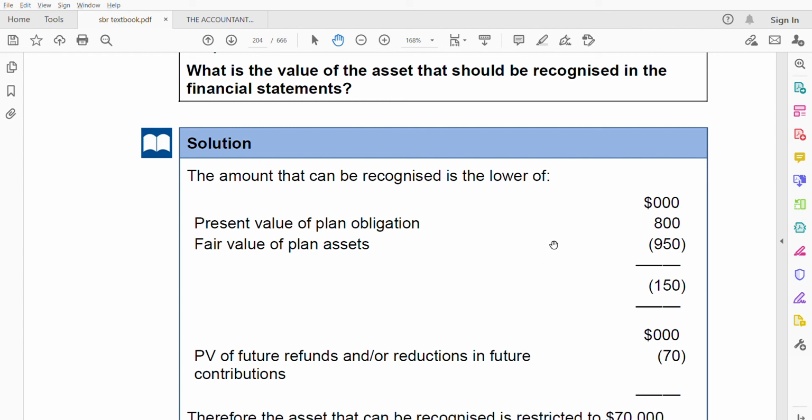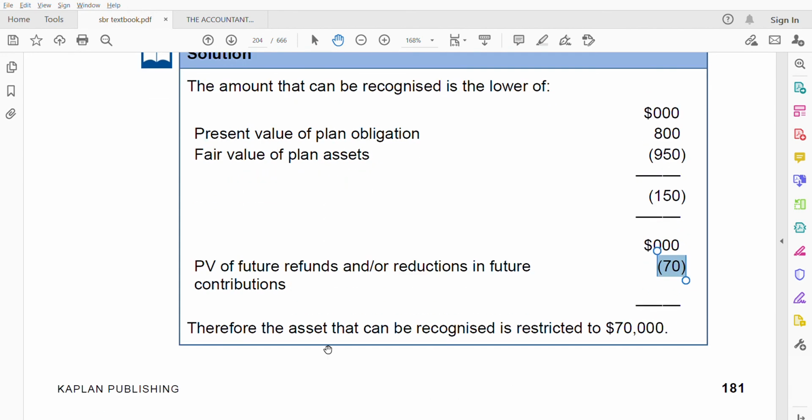And if you see the refund and all, it is 70. So is 150 lower or 70 lower? 70 is lower, right? So 70 only you will recognize. So the asset can only be recognized up to 70,000, not 150,000. Therefore the asset that can be recognized is restricted to 70,000.